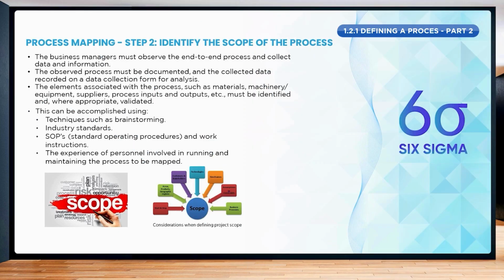So, the elements associated with the process, for example, people, materials, equipment, suppliers, the supplies that they provide as input to the process output, etc. This must be identified, and where it is appropriate, they also must be validated.